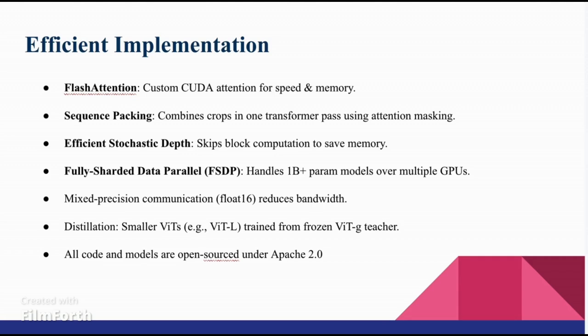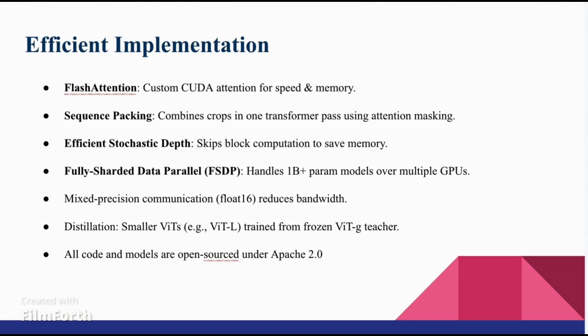Next is Fully Sharded Data Parallel, FSDP. This shards the model and optimizer states across GPUs, so one is no longer limited by the memory of a single GPU. FSDP also uses float16 for communication, reducing bandwidth cost by around 50%. And finally, model distillation. For smaller ViT models like ViT-L, they don't train from scratch.